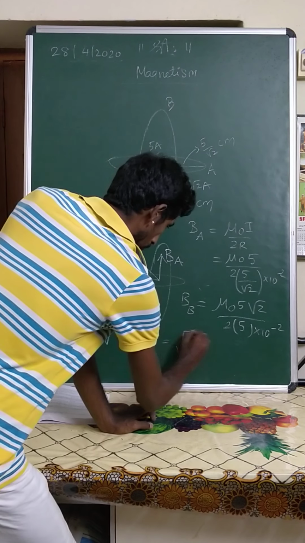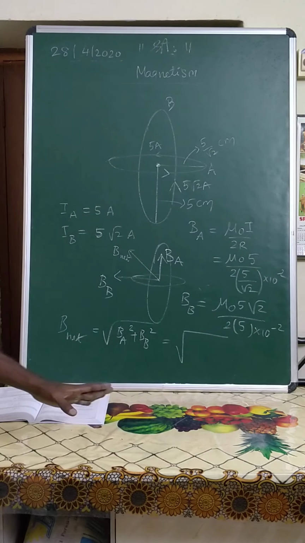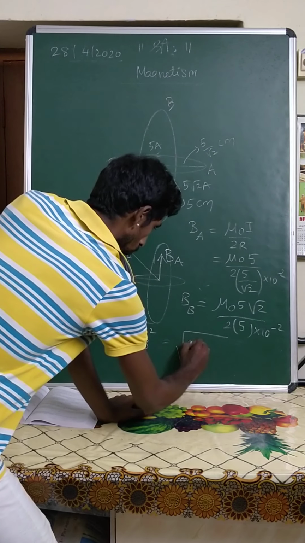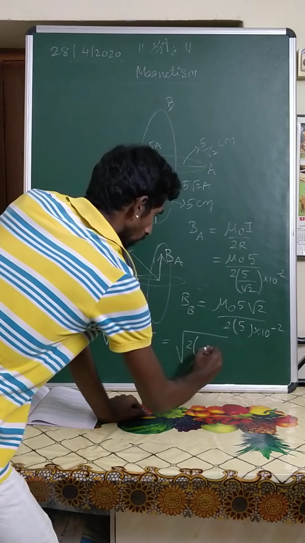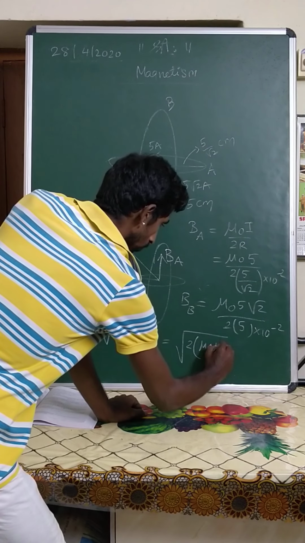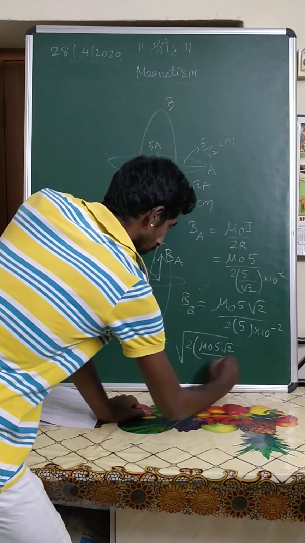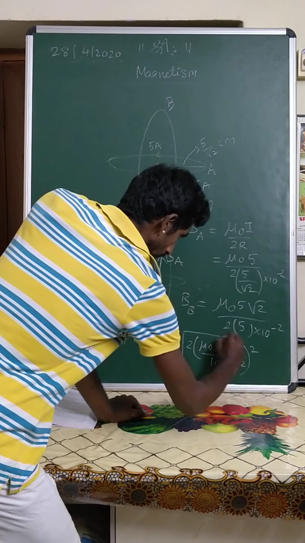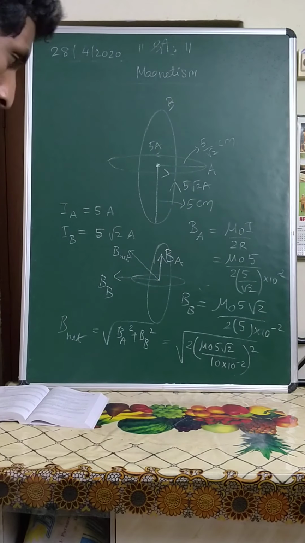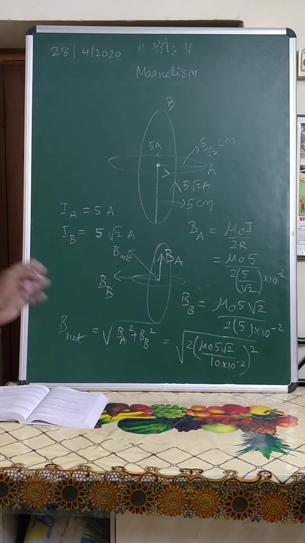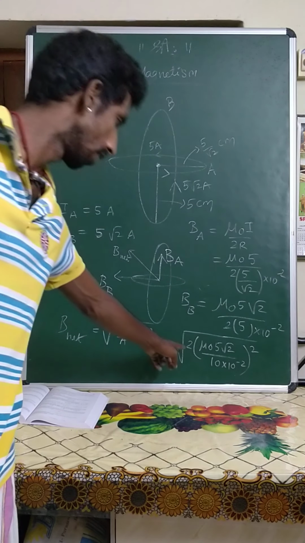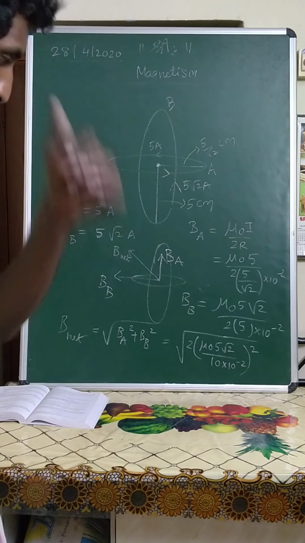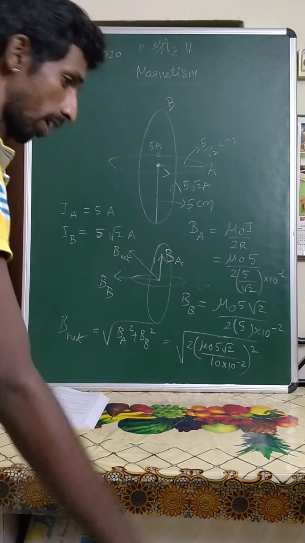Adding these two, we get 2 times the square of this: mu naught 5 root 2 by 10 into 10 power minus 2, the whole square. This will be the answer. Taking 5 outside, the 10 will be cancelled, so mu naught into root 2, and the root 2 whole square will be 2.